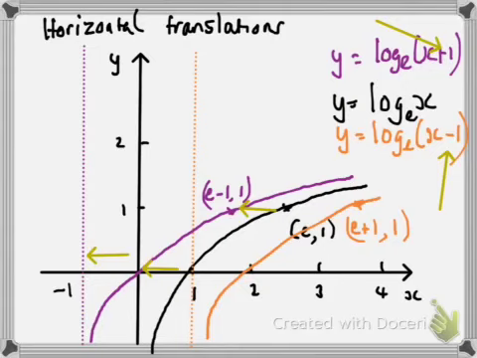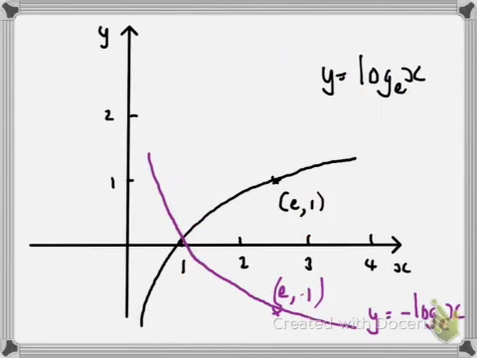The orange graph is a -1, so it's been moved 1 unit to the right. So all points have been moved 1 unit to the right, including, of course, the asymptote. I'll get rid of all the arrows I've drawn so you can see that clearly once again. There we go. +1 in the brackets, 1 unit to the left, -1 in the brackets, 1 unit to the right.